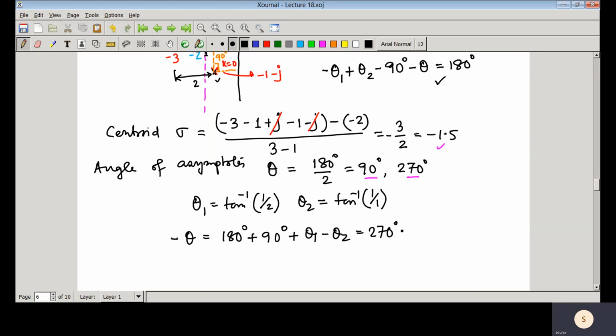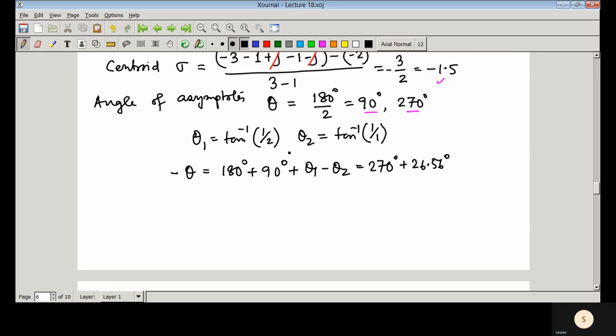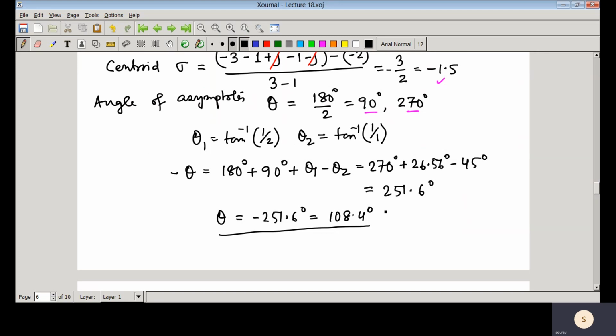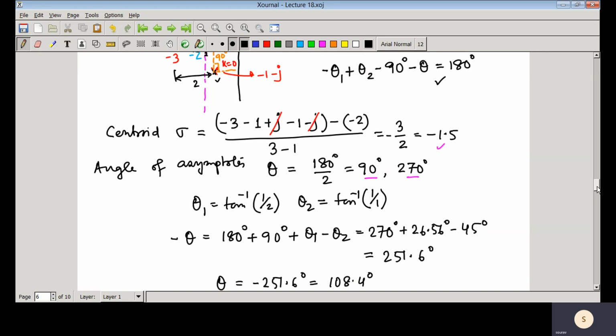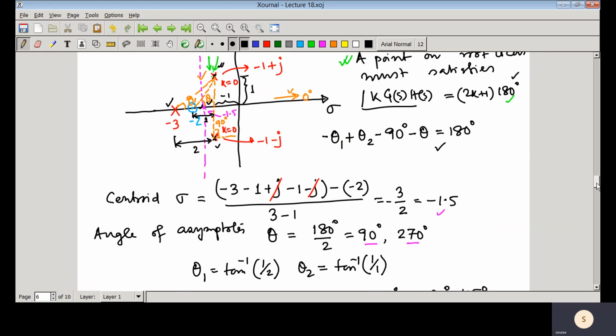Theta 1 is 26.56 degrees, and theta 2 is minus 45 degrees. So you would have that angle 251.6 degrees. So theta equals minus 251.6 degrees, or it would be 108.4 degrees. So this angle is called the angle of departure, that is 108.4 degrees.